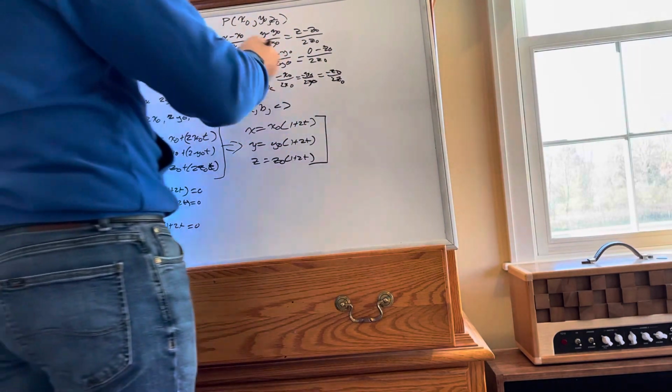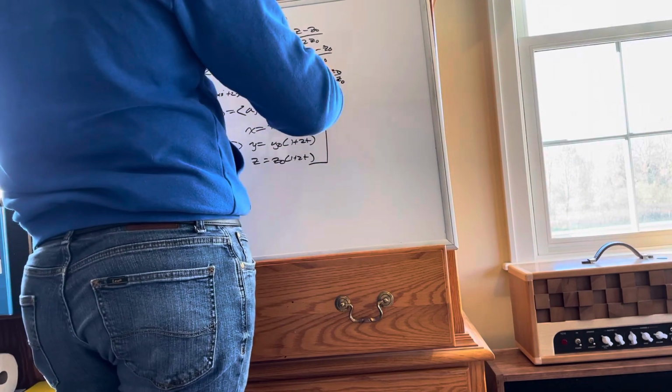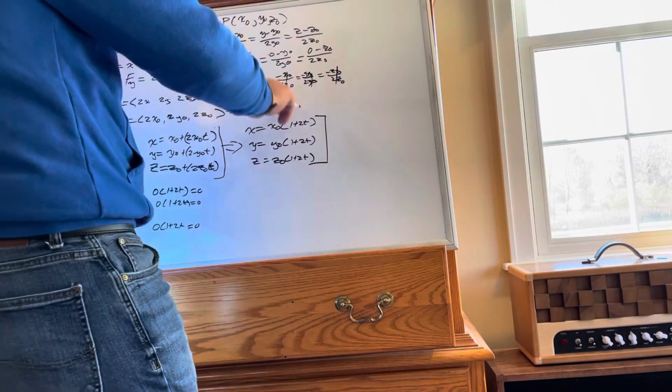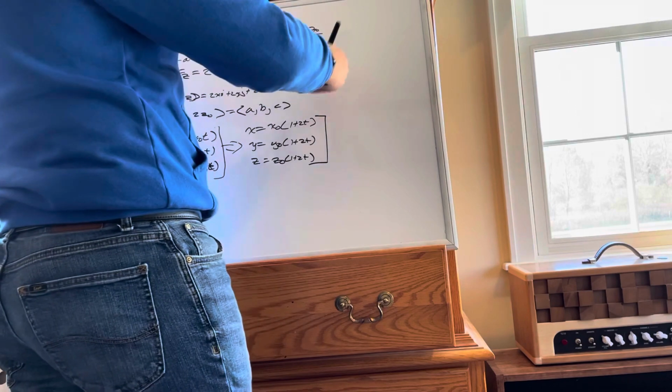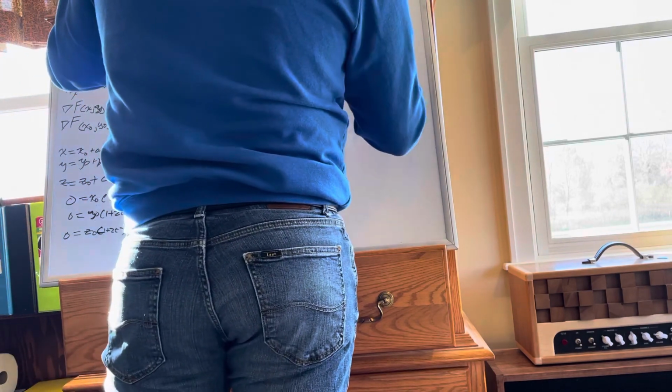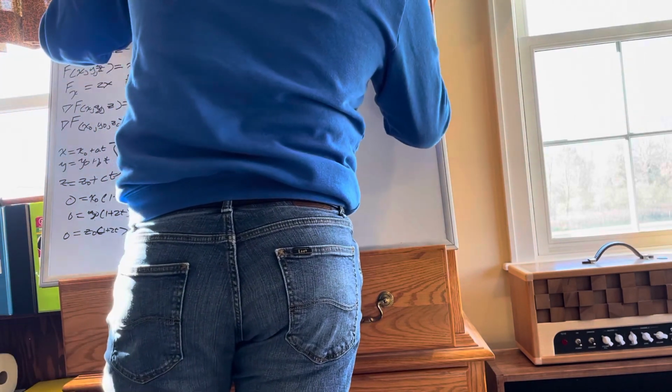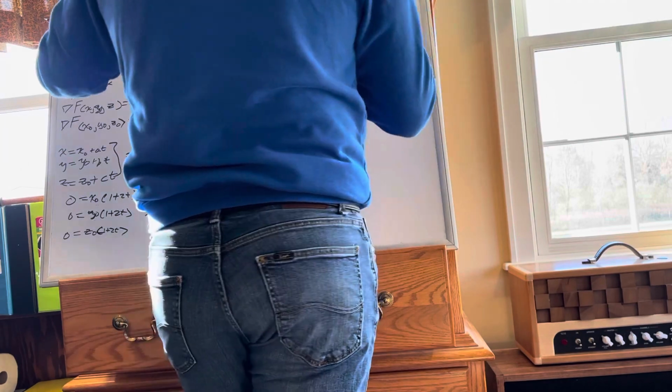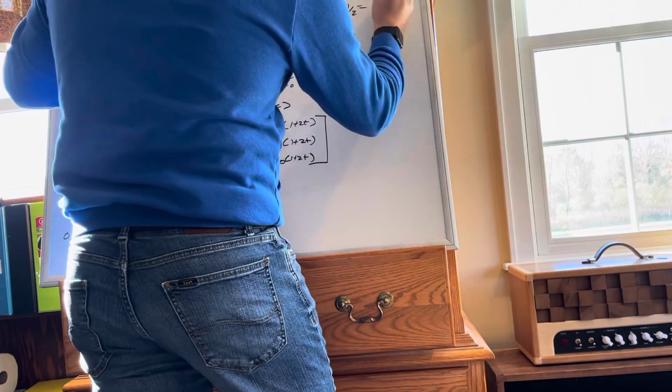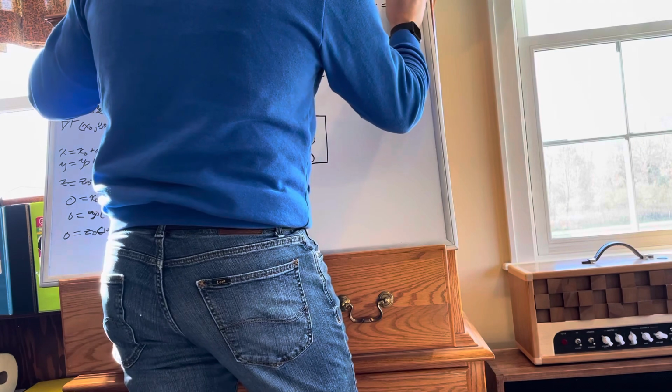So what we can do here is cancel out our x here, y here, and z here. We're going to get negative 1 over 2, or negative 1 half, equals negative 1 half, equals negative 1 half.